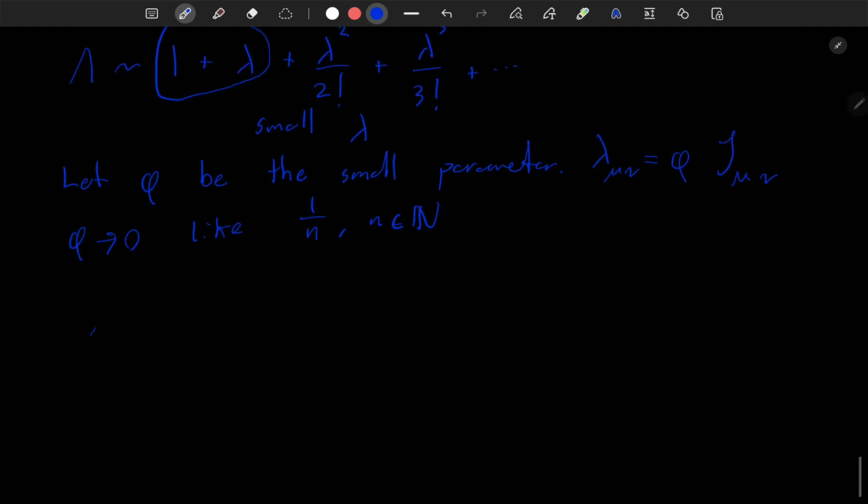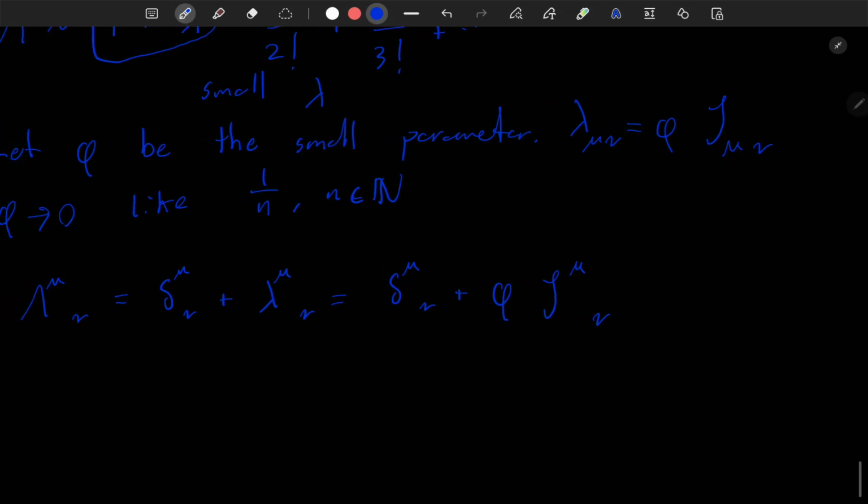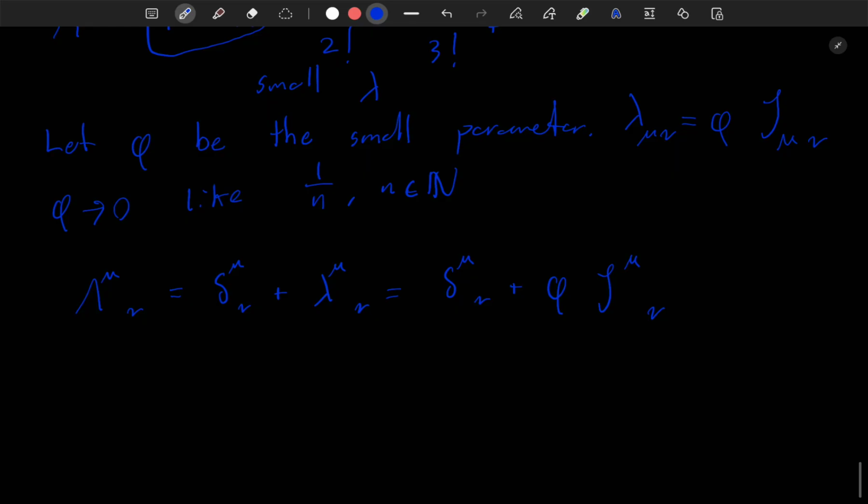A single boost, we said, looks like this. This is our single infinitesimal boost, which will be this guy. And that's very good.